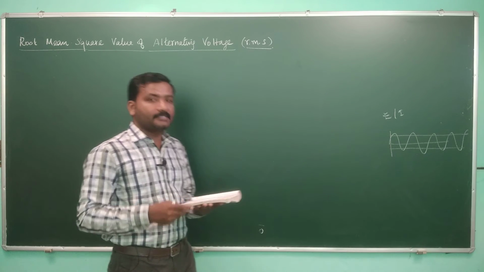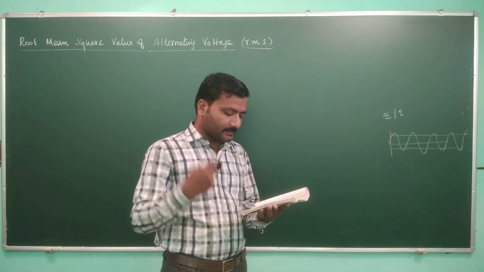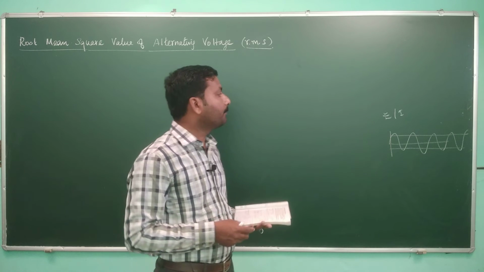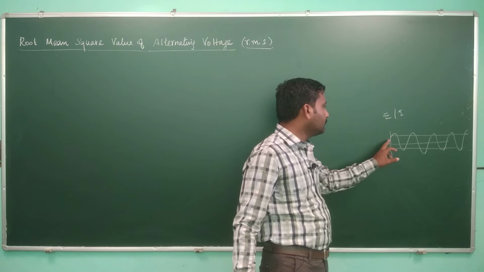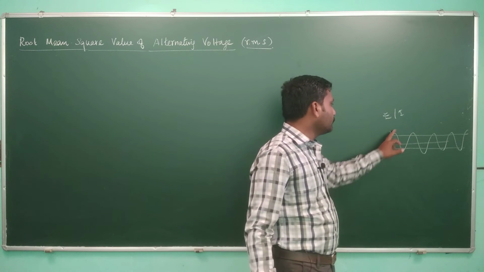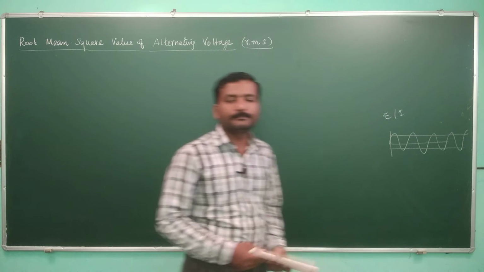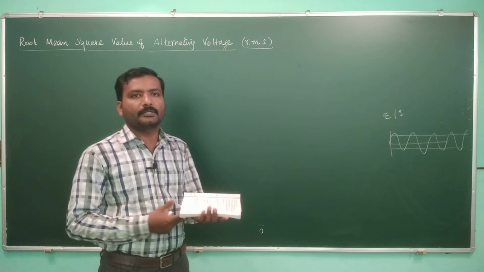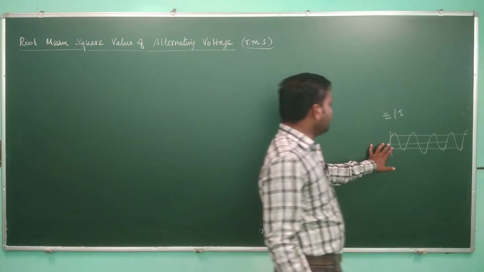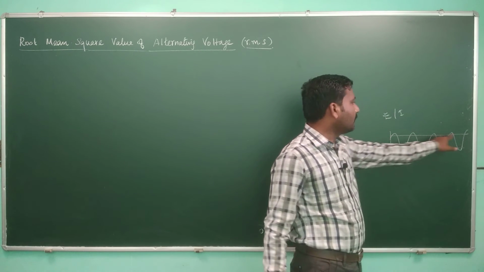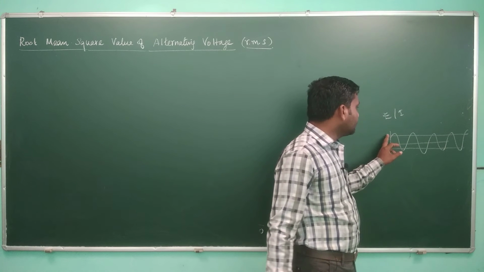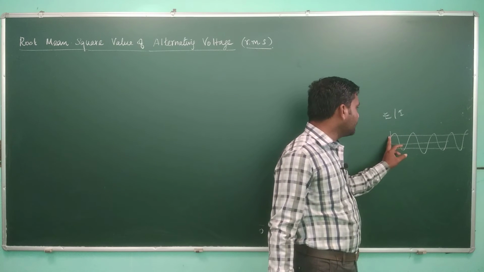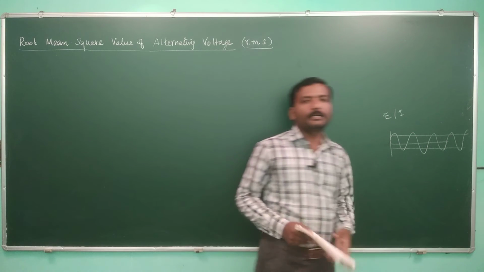It is an average value of ever changing current or ever changing voltage, which is less than the peak value, and this is the average of ever changing current and voltage.